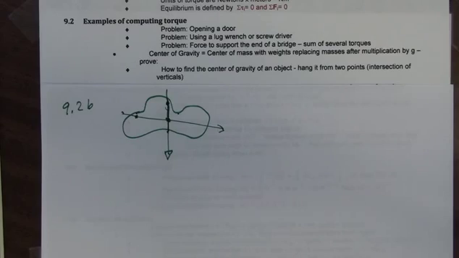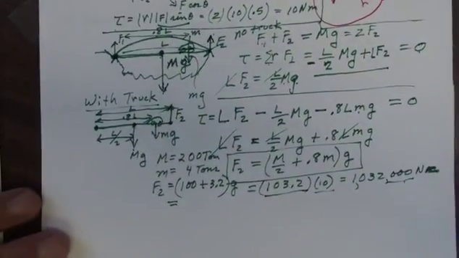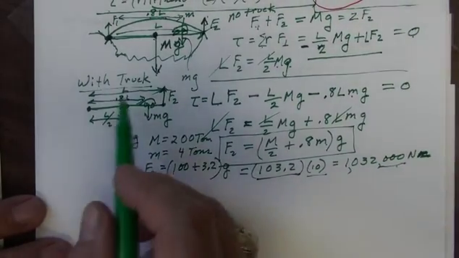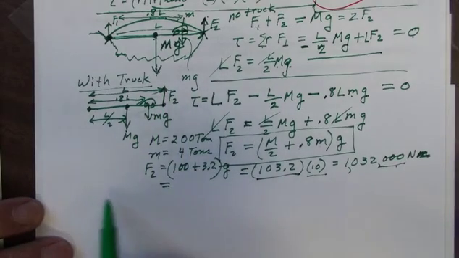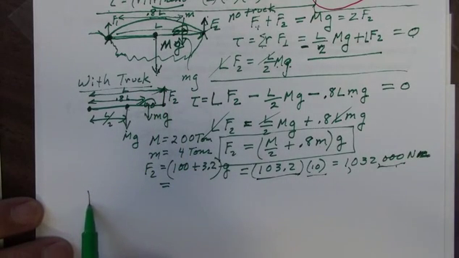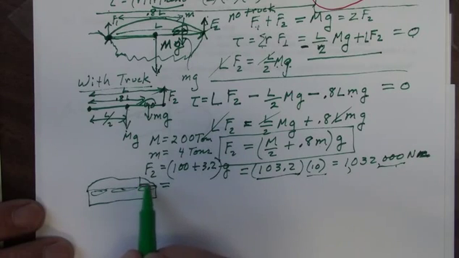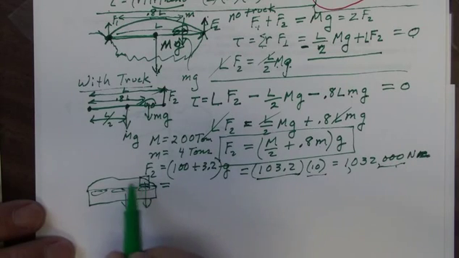I might mention that the problem that we had with the bridge is often given with two people carrying things also. Sometimes I've given this problem where you've got two students that are moving a couch, and on that couch you've got a TV set that's sitting at one end, and we know, of course, the mass of the couch, and we know the mass of the TV set.